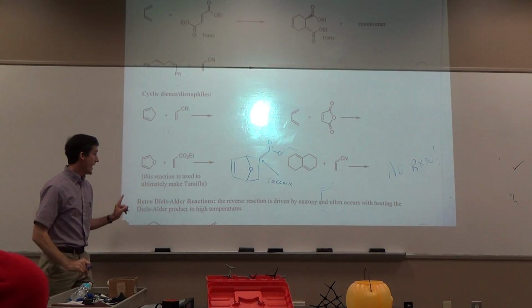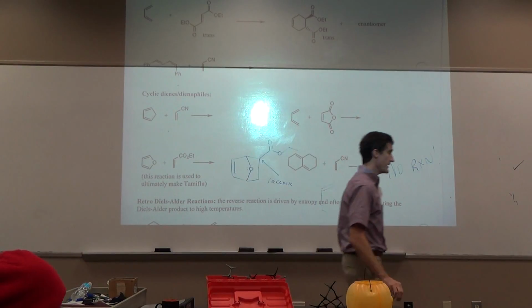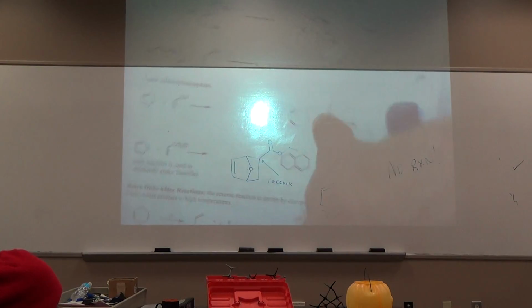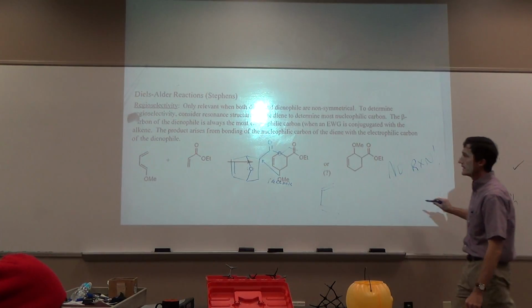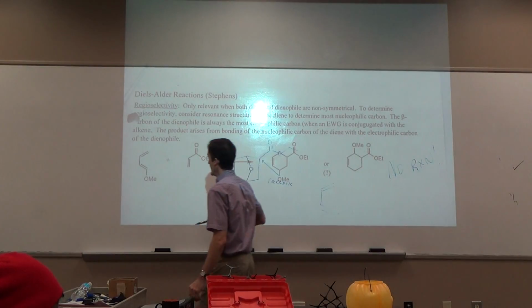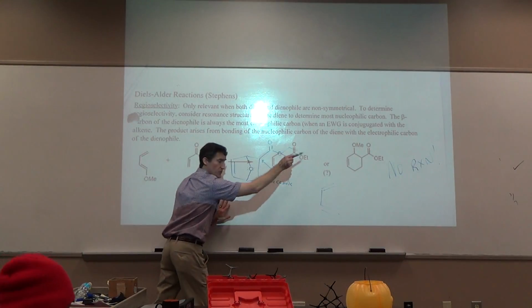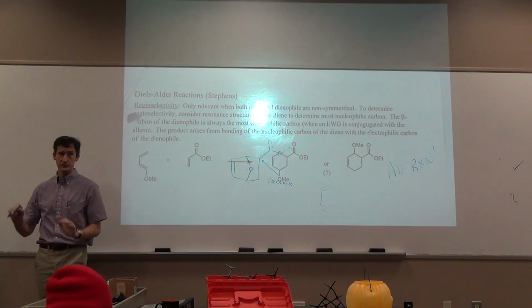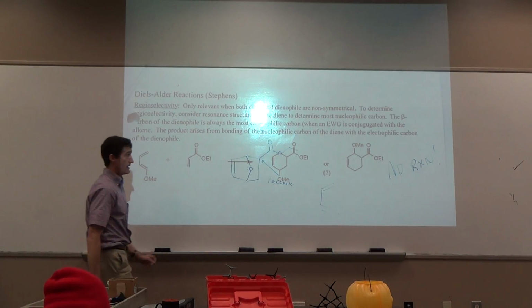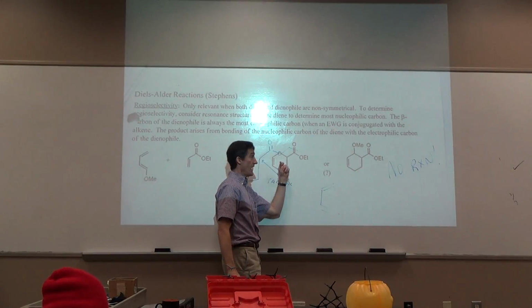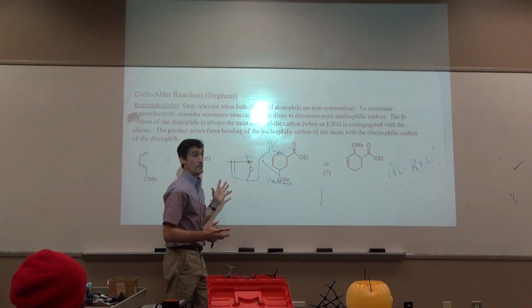Okay? On the next page, stereo, regio. Please be looking at this. You need to understand how there are two possible products when you come to class on Friday. Then we'll talk about which one. But the starting point is understanding how you could get two choices.